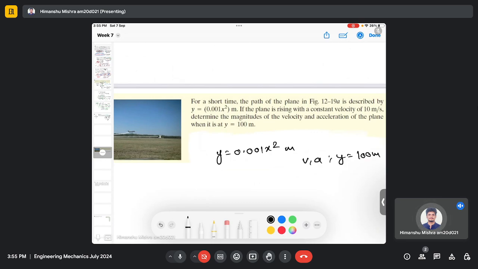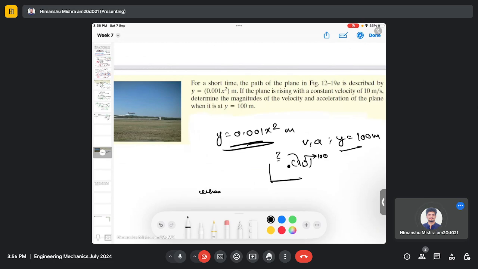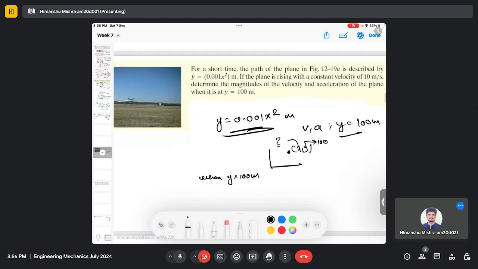So when y is 100 meter, what is x? Because it will reach some position, and the position is always defined in terms of x and y. So we have already been given y, 100 meter, but what is the same position in x? For this you can use this relation. So when y is 100 meter, then what is your x?